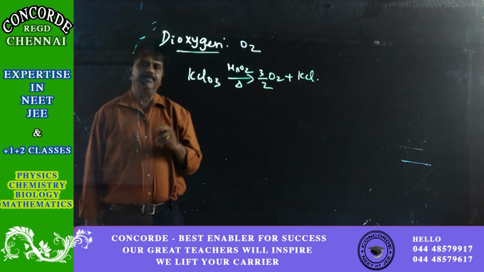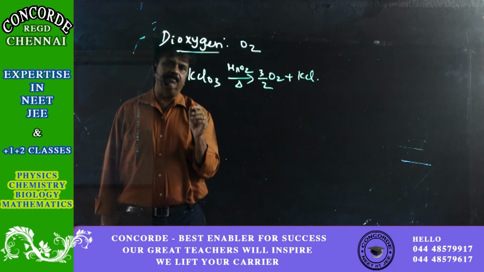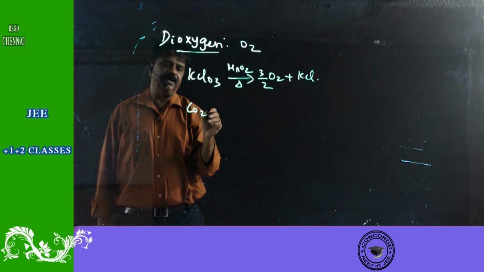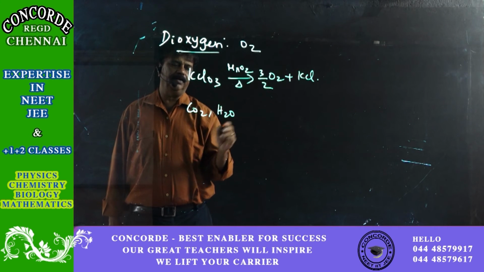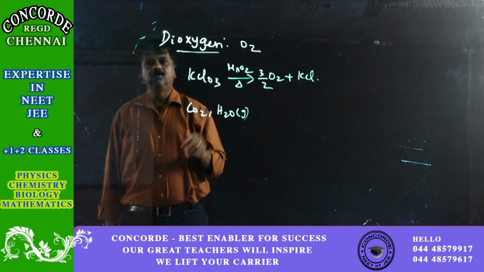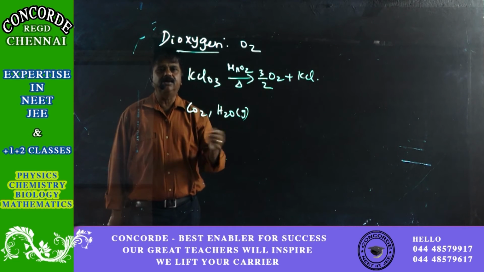The commercial preparation of oxygen is from the air. From the air, the main impurities like carbon dioxide and water vapor are removed. Once these two are removed, the remaining gases are only nitrogen and oxygen.